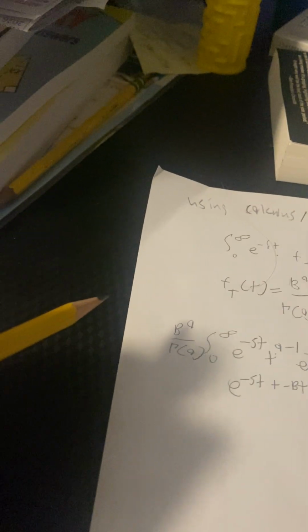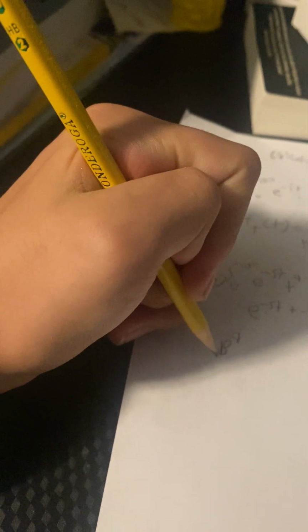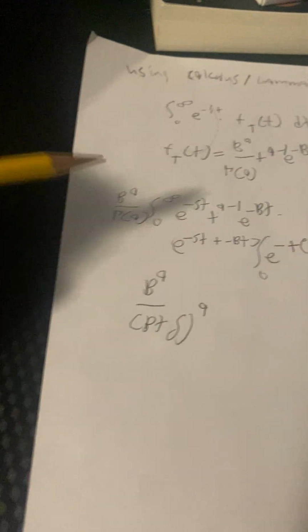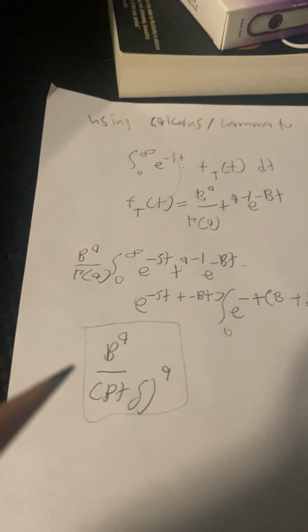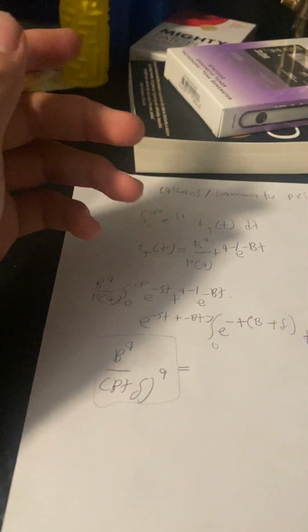So it would be equal to beta to the alpha over beta plus delta to the alpha. So this is our derived formula, which, I mean, it's kind of like a sweet simplification, but this is the equation we're going to use.